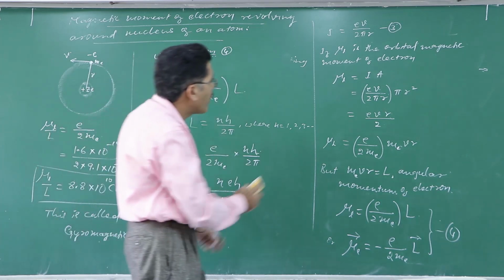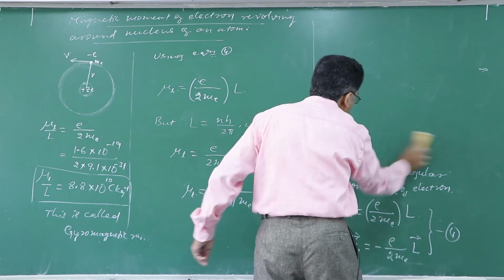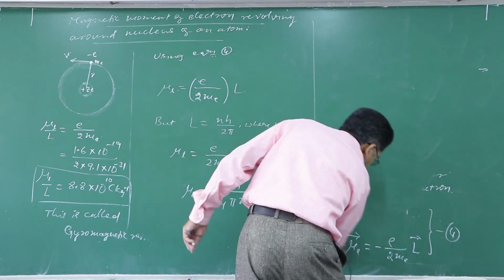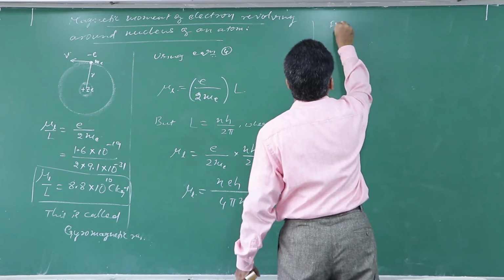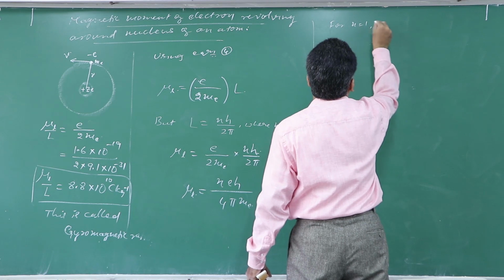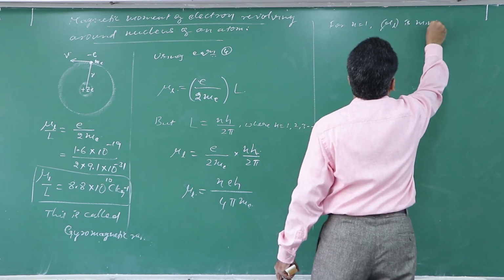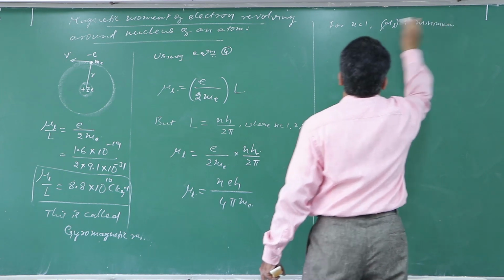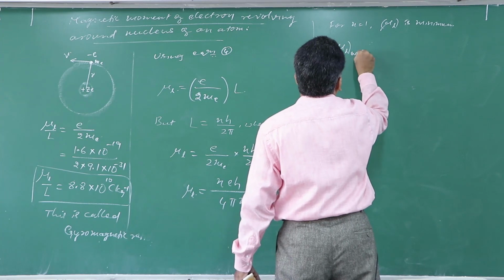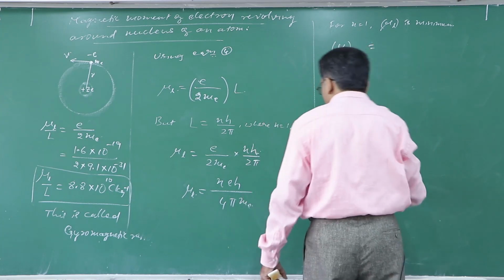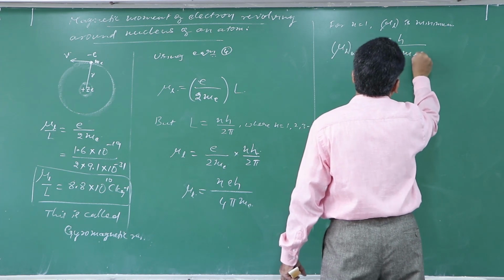What is the minimum value? The minimum value of n is equal to 1. For n equal to 1, mu L is minimum. So mu L minimum is equal to eh divided by 4 pi me.